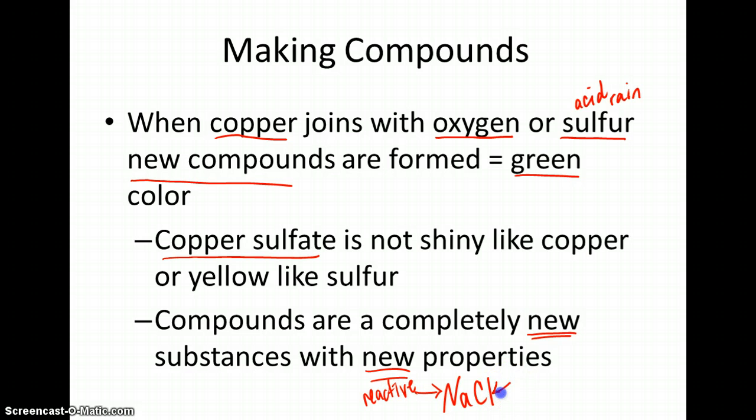Chlorine, on the other hand, is a gas that can actually kill you. Not a good thing. But put them together, and they are not reactive anymore, nor will it kill you, because you eat salt. So this is another example of how we get completely brand new properties out of a brand new substance.